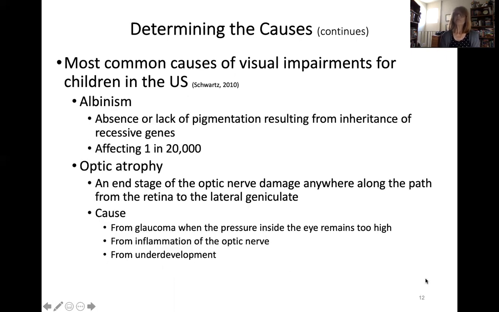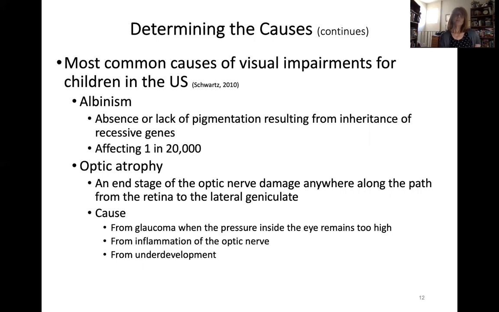Just noting, there's typically albinism, which is a genetic result of an inheritance of recessive genes. It happens in maybe 1 in 20,000 individuals. They may have visual impairment and optic atrophy.